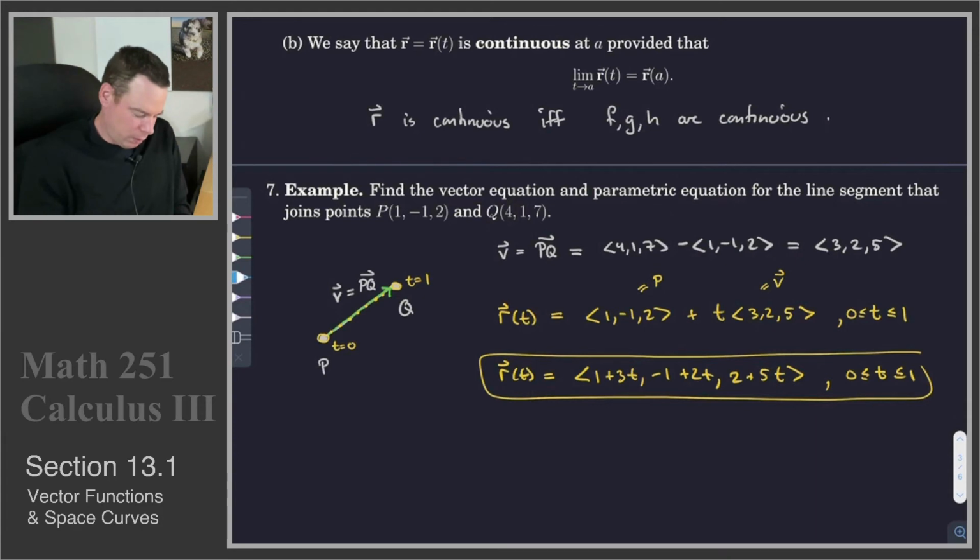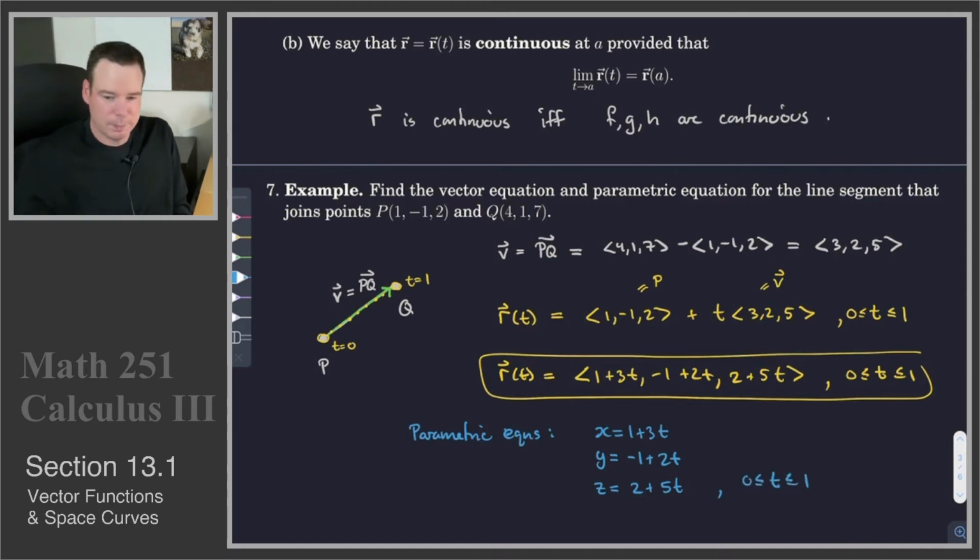We can also write down parametric equations, and that is just grab the corresponding component. So parametric equation is x equals 1 plus 3t, y is equal to negative 1 plus 2t, and z is equal to 2 plus 5t. And again, t is ranging over the values from 0 to 1.